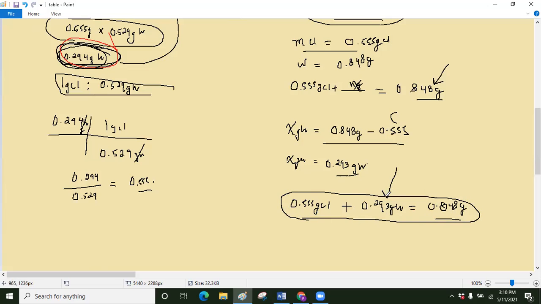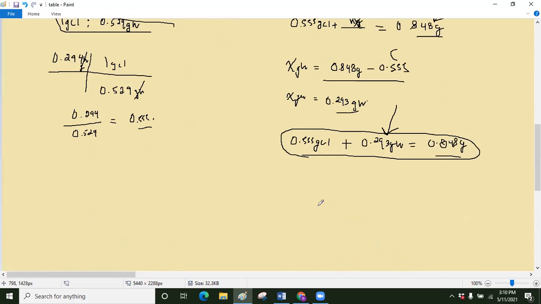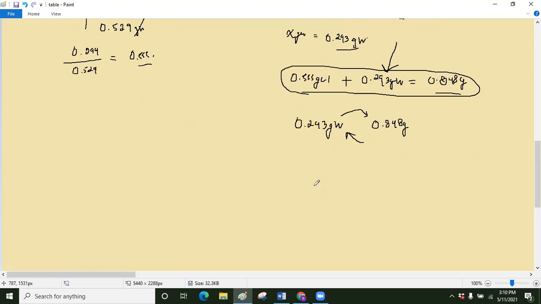And so now that you have this known value, we can go back to what we wanted to do before, which was to say, okay, well, 0.293 grams of hydrogen, how much percent of 0.848 grams is 0.293? And so now we're left with a question here.